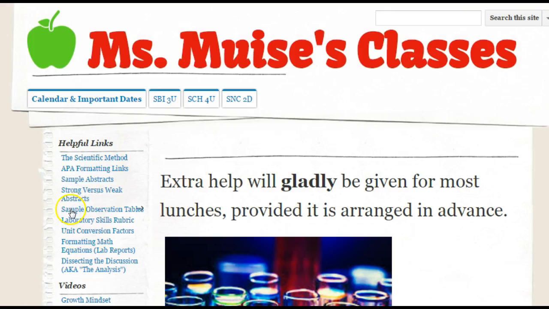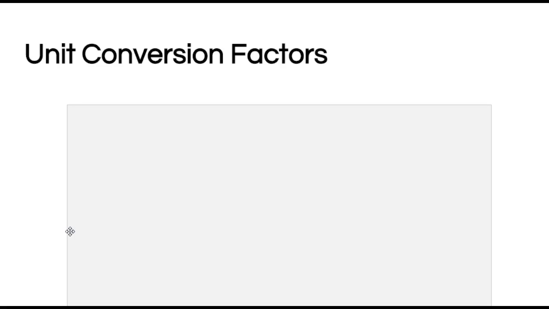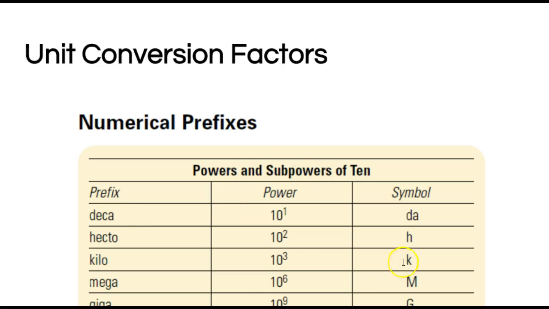What you'll see over here is unit conversion factors. If you click on that link, it will bring you to a document with all of them on it. Of course, it's not all showing up on this screen. It's taking a minute to load, but that should seem familiar to you based on previous science courses. It will tell you what each prefix indicates in terms of powers of 10.